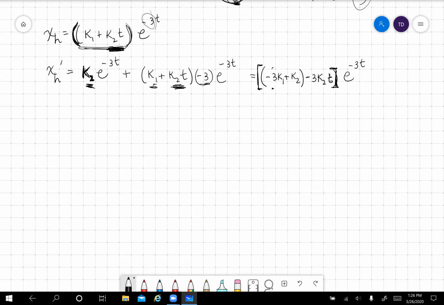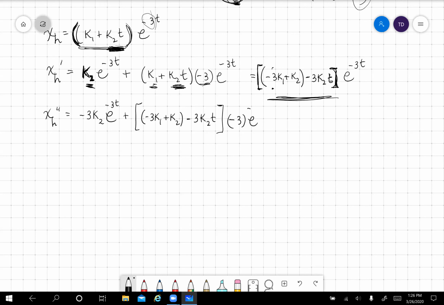Okay? Then if we do the same thing, and it's going to get uglier, so bear with me and correct me when I make mistakes here. The derivative of the first, minus 3K2, times the second, e to the minus 3t, plus the first, this is where it gets ugly, minus 3K1 plus K2 minus 3K2t, times the derivative of the second, brings down another minus 3 e to the minus 3t.